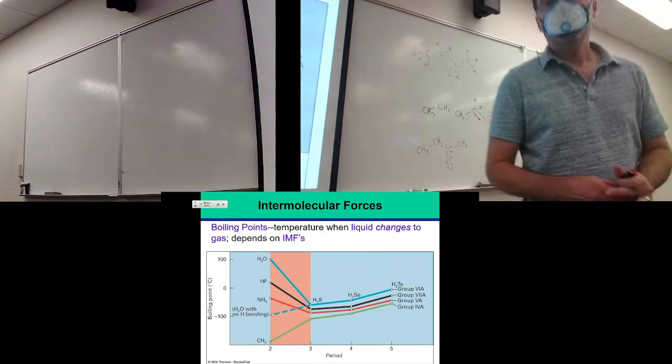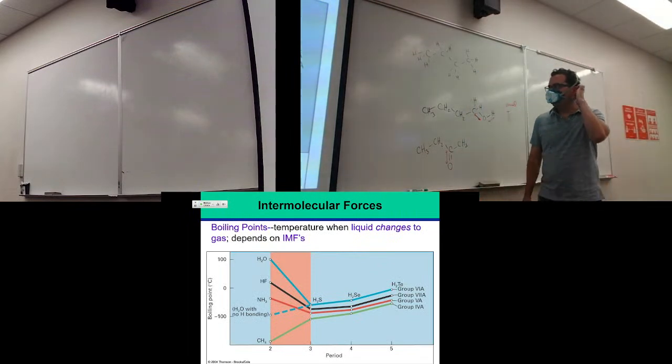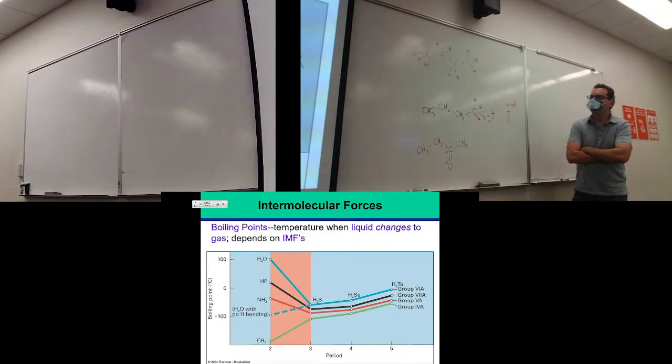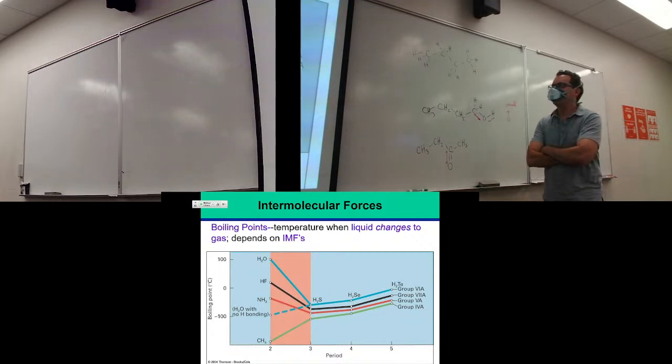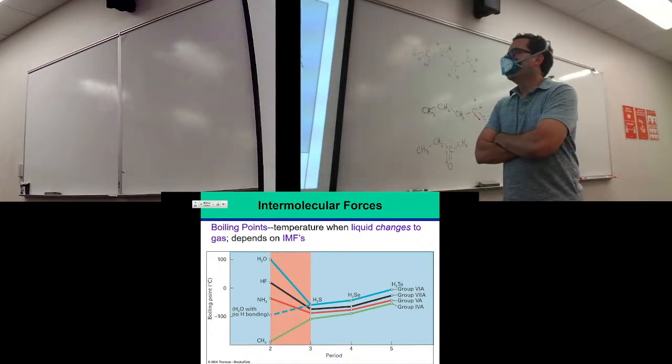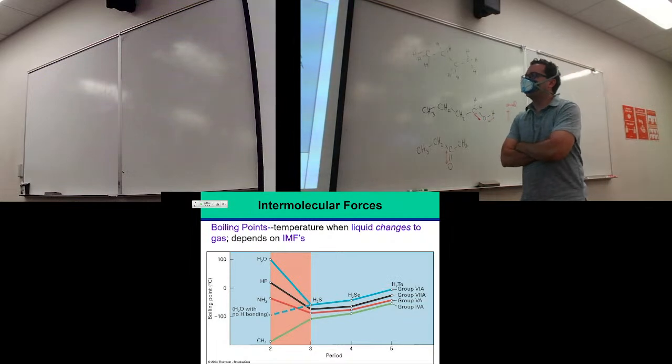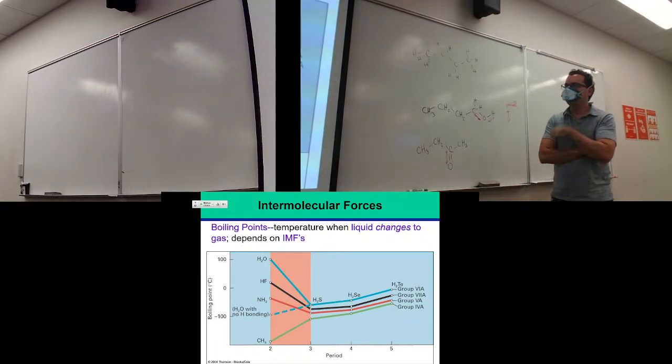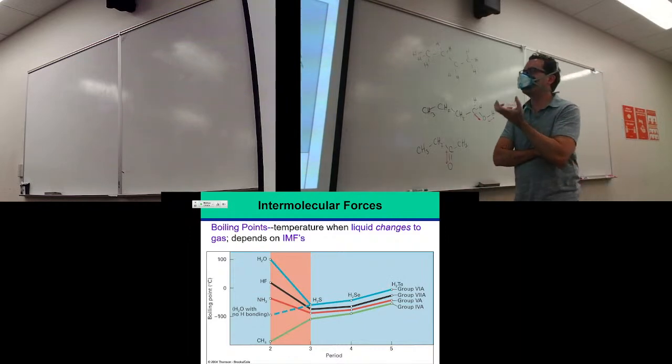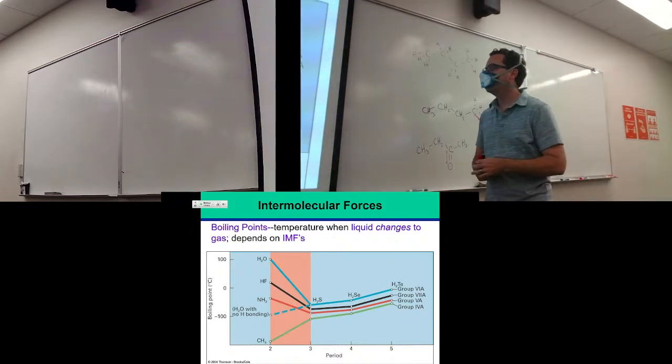Okay, so let's dive into that a little bit. What you're looking at here is a graph that shows some unique compounds. These are all nonmetals with hydrogen, however many hydrogens they need to make a simple molecule.